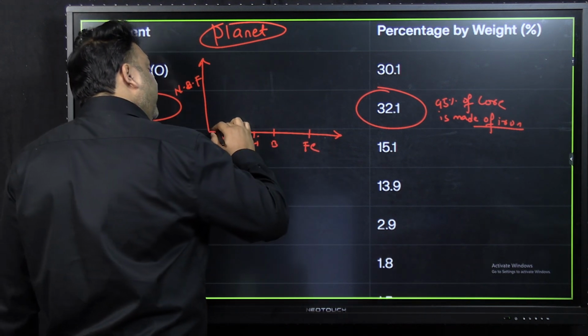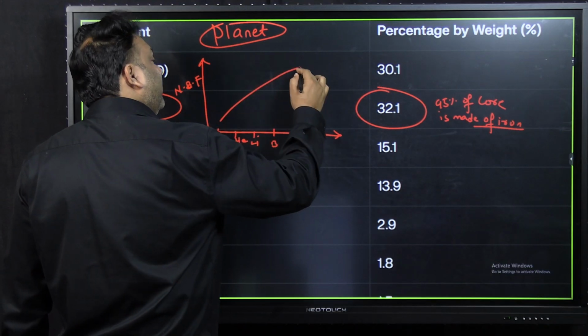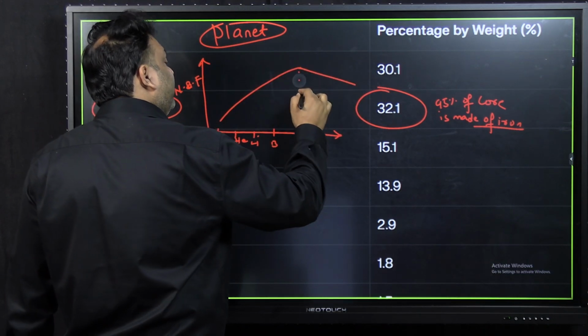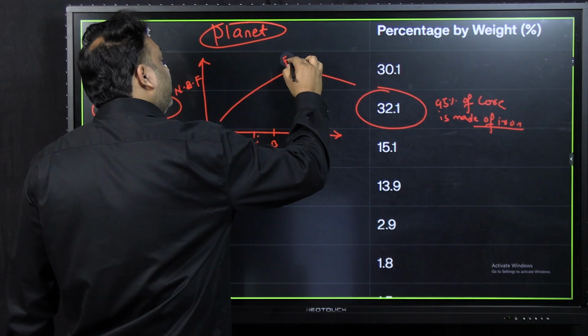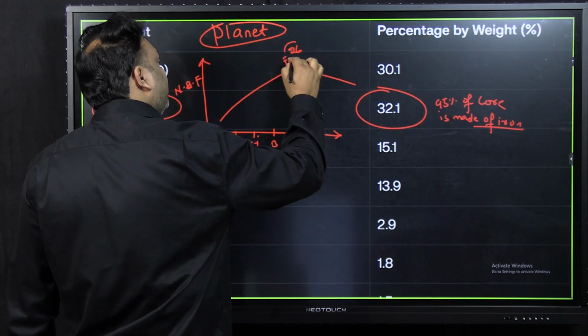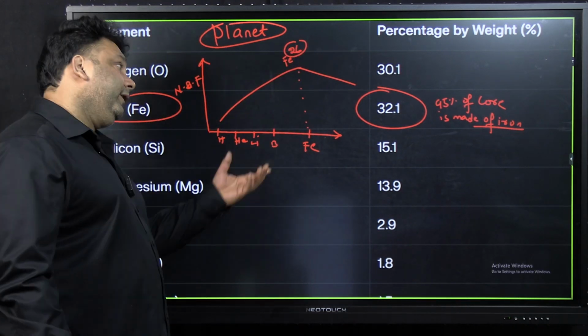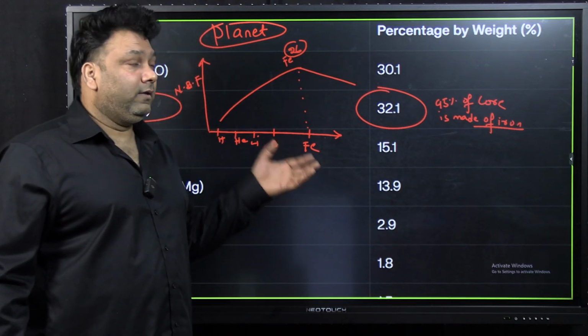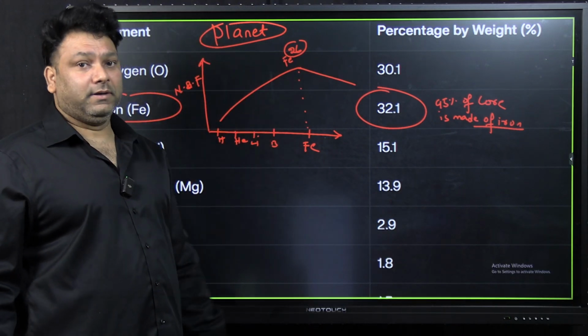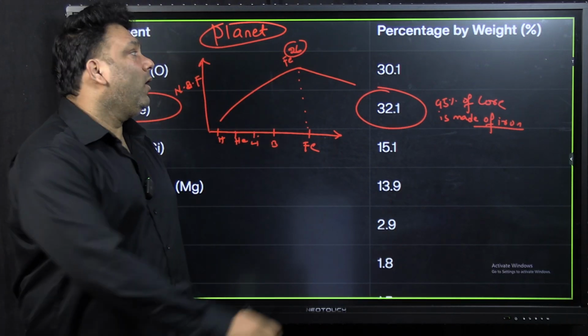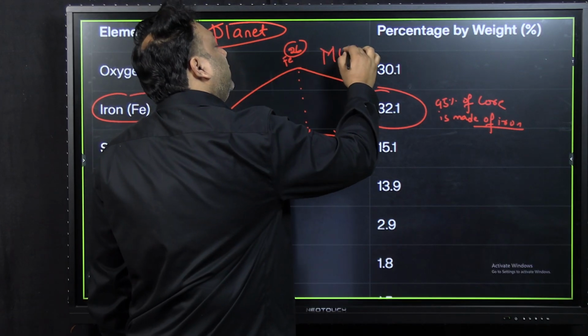So the nuclear binding force will keep on increasing, and at iron it will become maximum. This is Fe26. At atomic number 26, the nuclear binding force will be highest, and iron is the most stable nucleus.